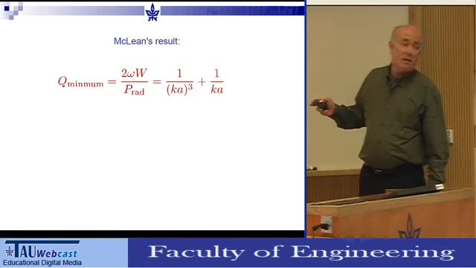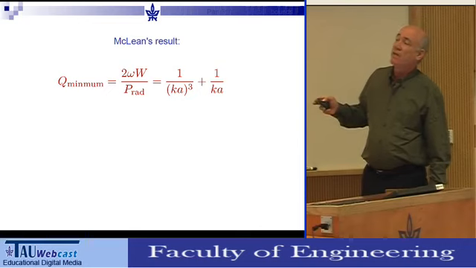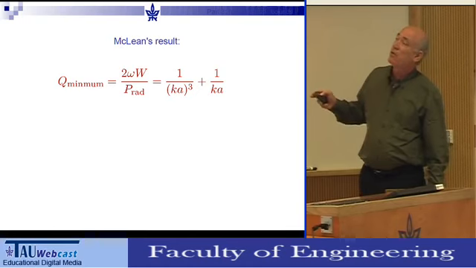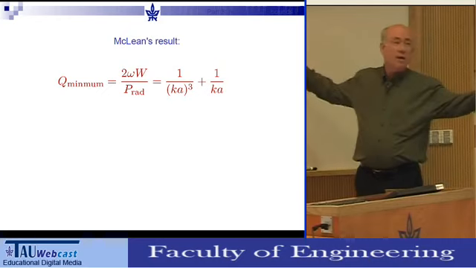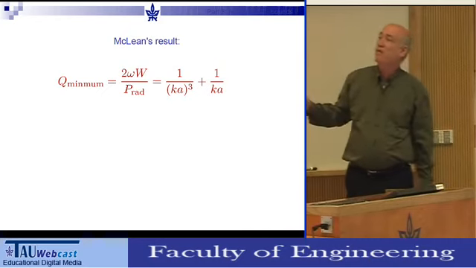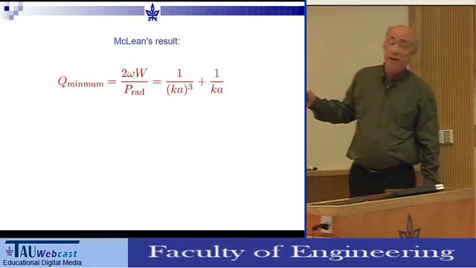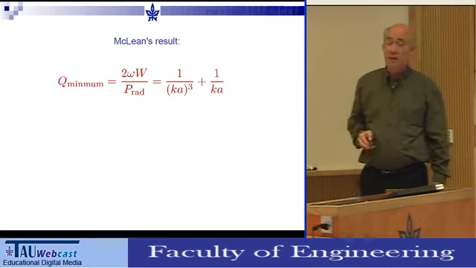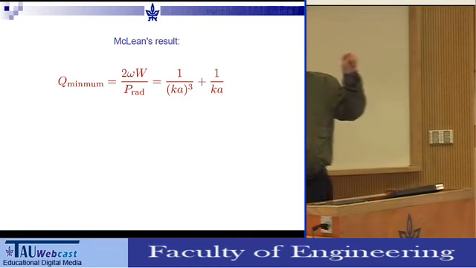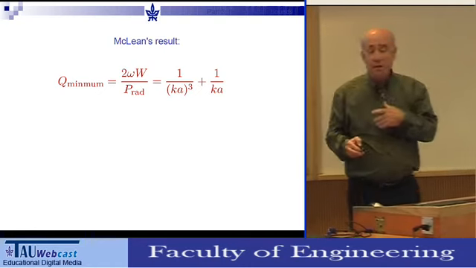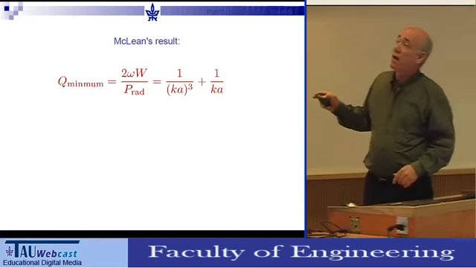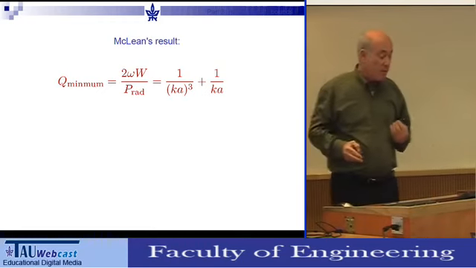K is the propagation constant, 2 pi over lambda, and there are two terms. If A is very large, then this term is negligible, and what you get is this term, which is, well, if you increase the size, which is A, Q drops, which is fine. But once A becomes very small, this term begins to dominate because of all these higher orders of the variation versus R that I showed in the formulas before. And you get very high numbers when Ka becomes very small.